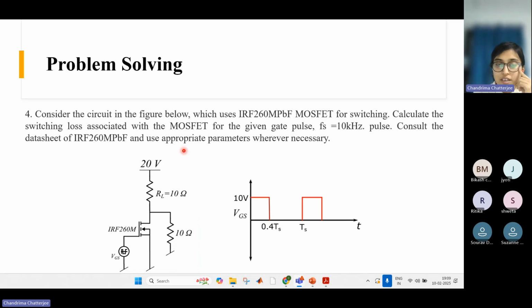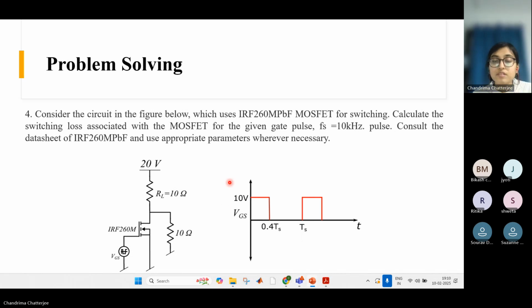And when it is transitioning from on to off, the current will fall, and that duration is the fall time, which we already saw in the dynamic characteristics. We need these two parameters for calculating the switching loss, right? And this is the gate pulse, and the frequency is 10 kilohertz. Okay.